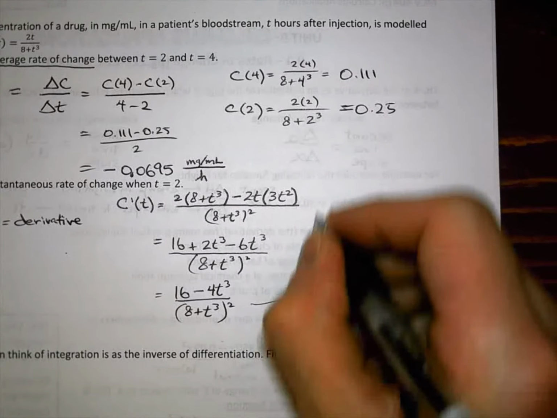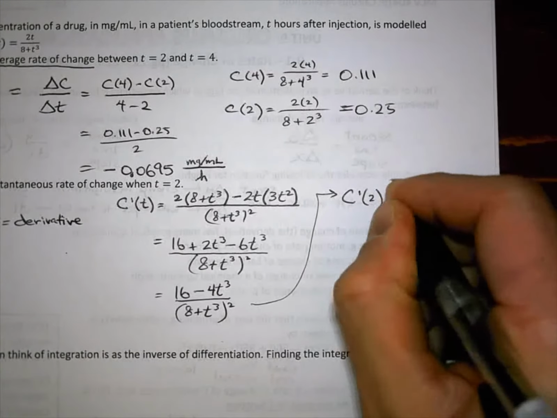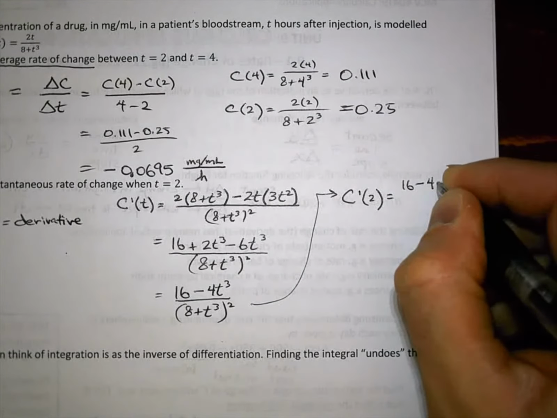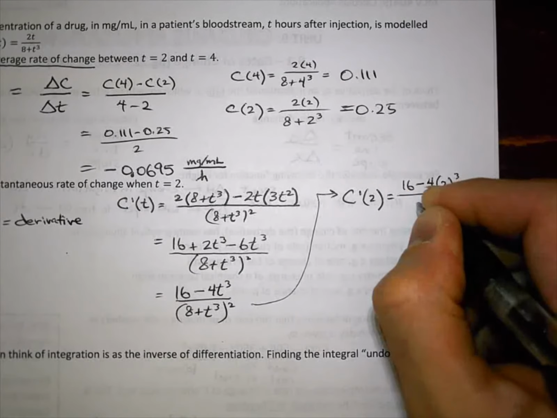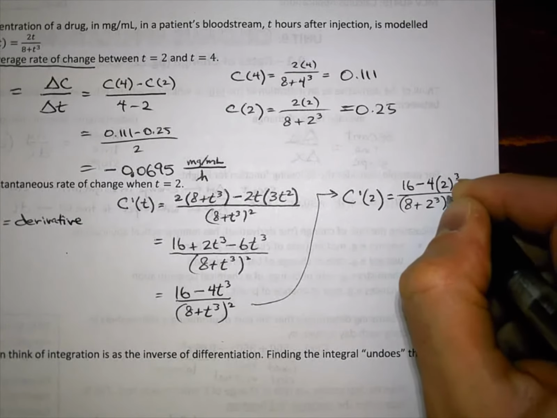So I'm just going to go up here. So the derivative, or the instantaneous rate of change at 2, is equal to 16 minus 4 times 2 cubed over 8 plus 2 cubed, all squared.